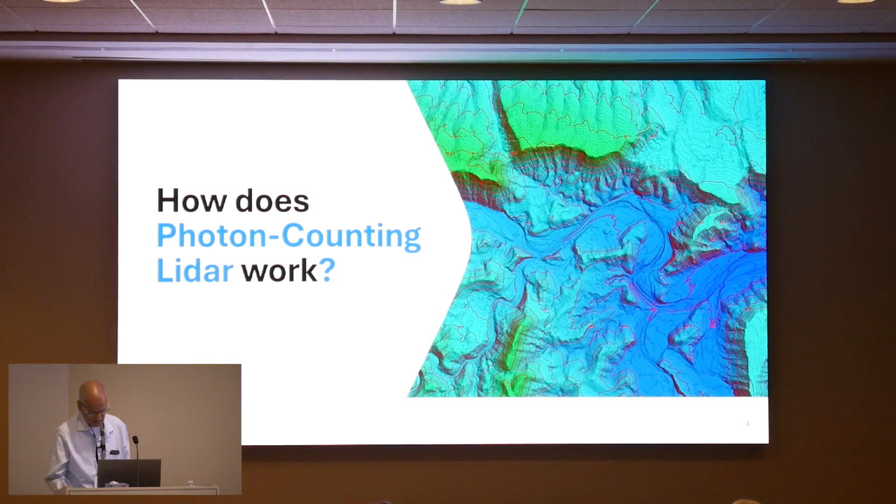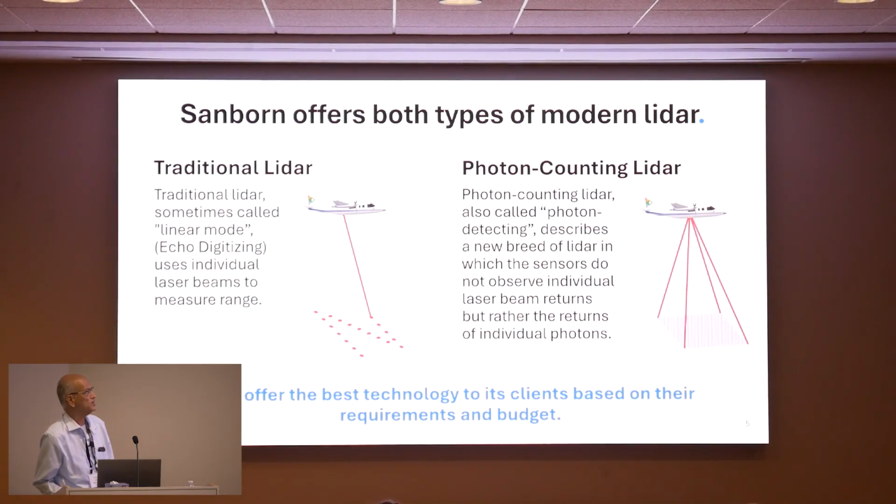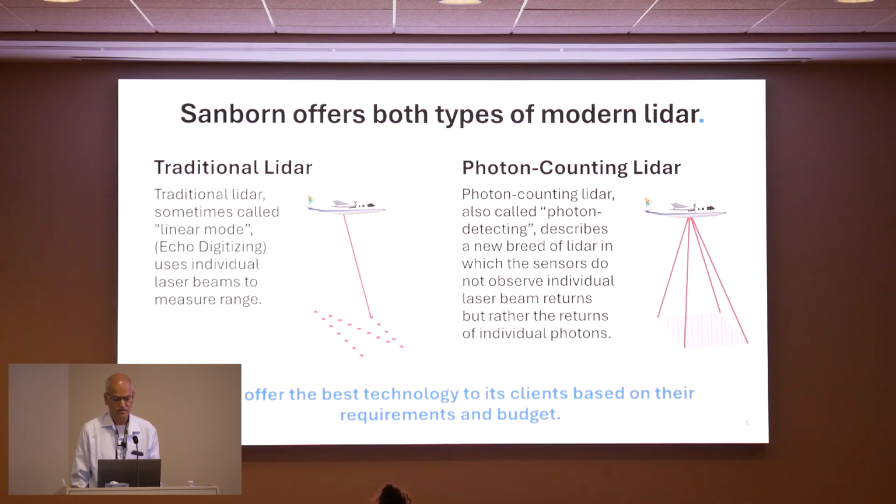So let us get into the technology side. How does it work? What you are seeing on the left-hand side is the traditional LIDAR, which we have been using for years, from 2000, 2001 when the technology started coming in. We call it linear mode, also called echo digitizing. It uses individual laser beams to measure the range.